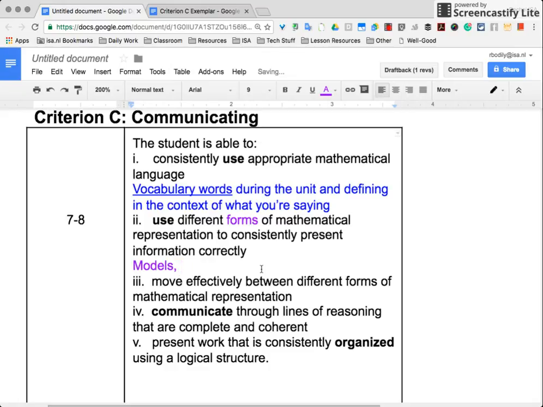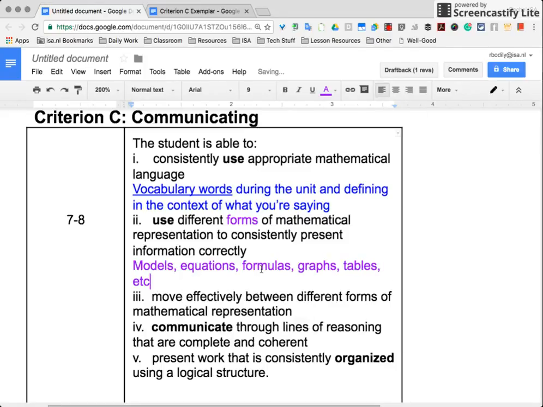They are equations, formulas, graphs, tables. So those are all different types of forms of mathematics. So just to make sure that you are using multiple different types of representation to present your information. Okay, so models, equation, formulas, graphs, tables.